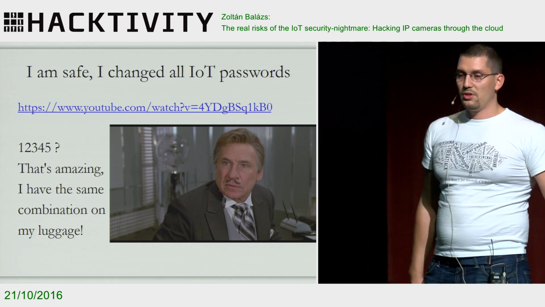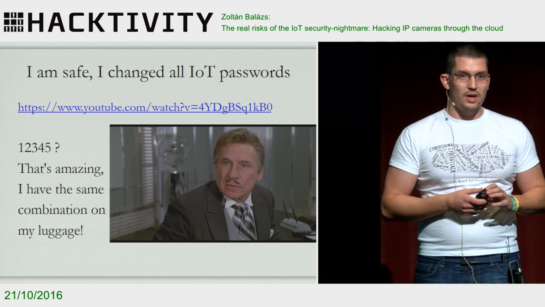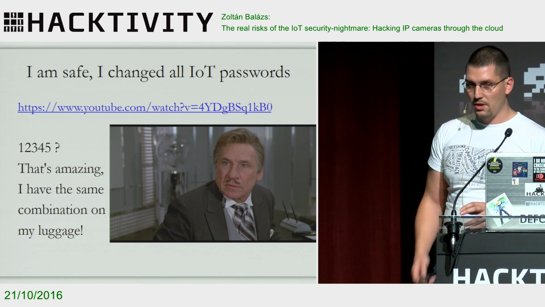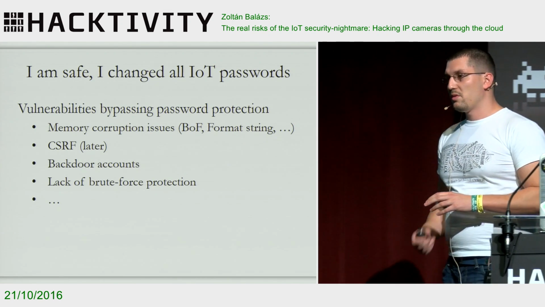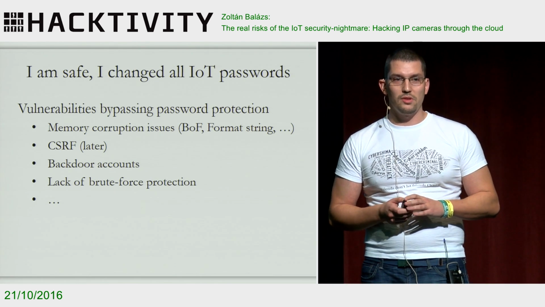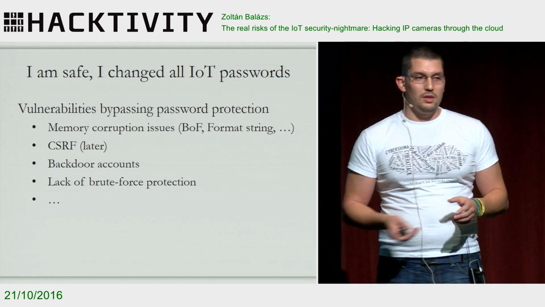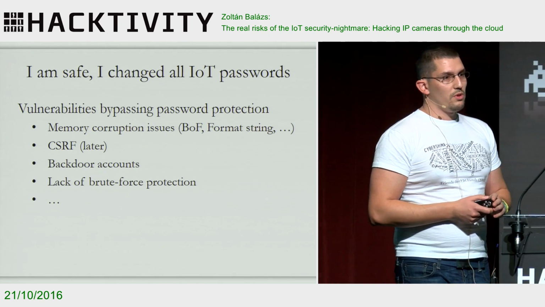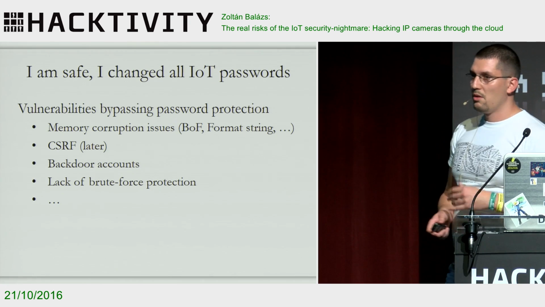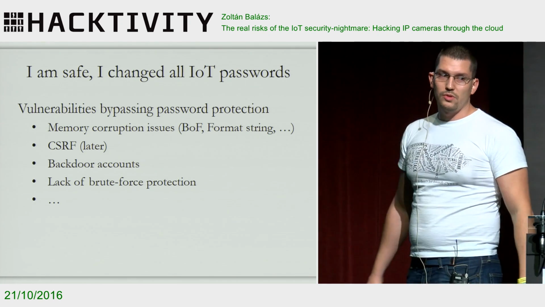I have changed all the passwords on my IoT devices, and it's not 1, 2, 3, 4, 5 anymore. Well, the problem is that there are many vulnerabilities in IoT devices which totally bypass the password protection. For example, there are memory corruption issues before authentication, like buffer overflow or format string issues.